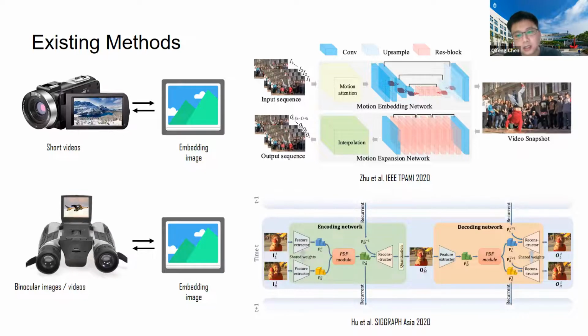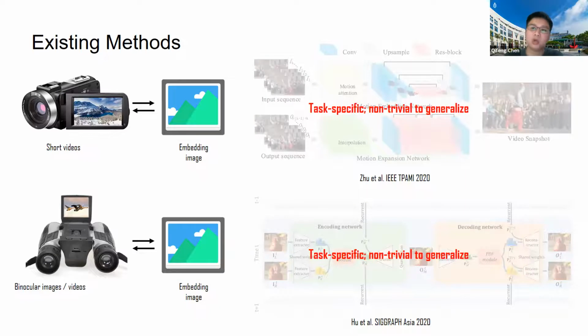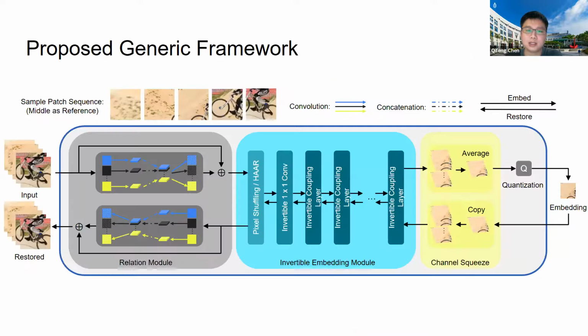And there is another paper I have introduced on stereo image and embedding image conversion. They design different types of models, and also these models are task specific. Can we have a unified model for this task, and we can even do more? I will show it later.